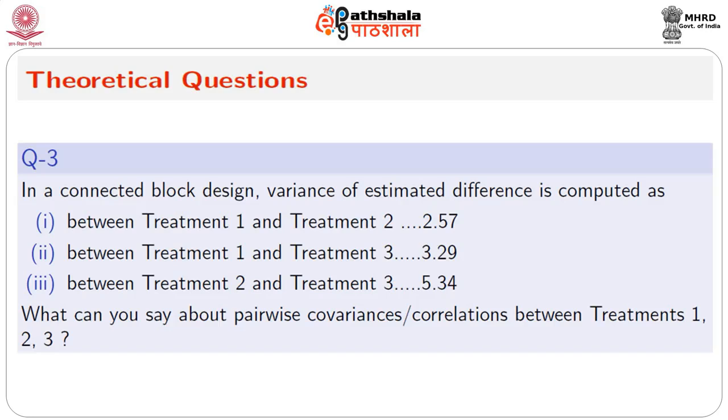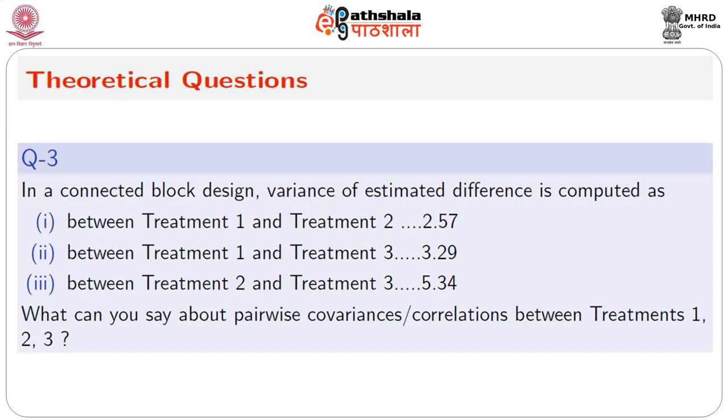So we have 3 equations here involving C plus 1 1, C plus 2 2, C plus 3 3, C plus 1 2, C plus 1 3, C plus 2 3. We have 3 expressions involving these 6 quantities. We also know that the C matrix has row and column totals equal to 0. So C11 plus C12 plus C13 equals 0. Likewise, C plus 11 plus C plus 12 plus C plus 13 equals 0, etc. We have a lot of information.